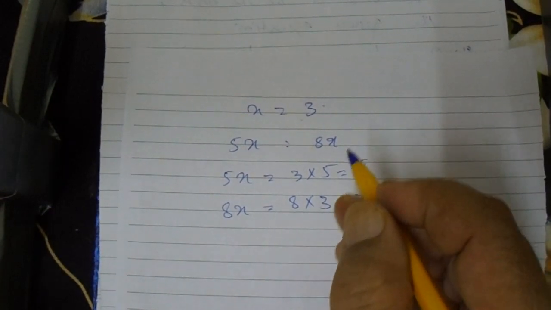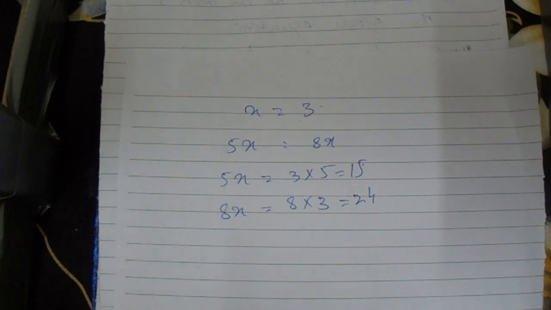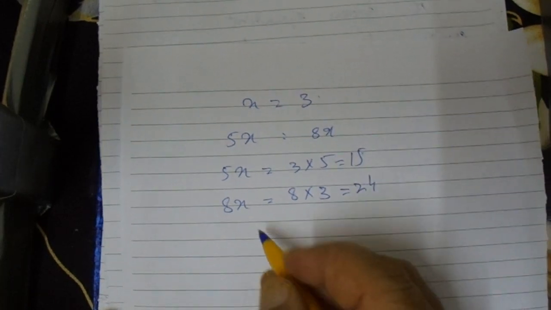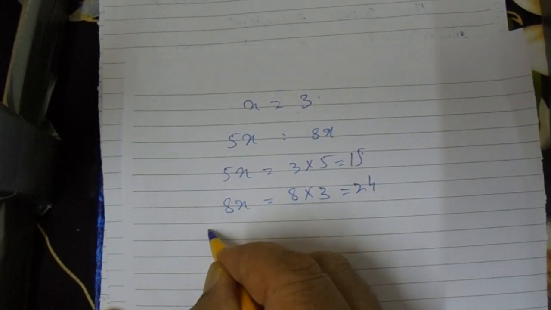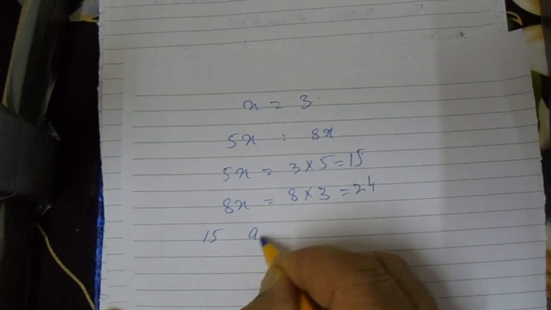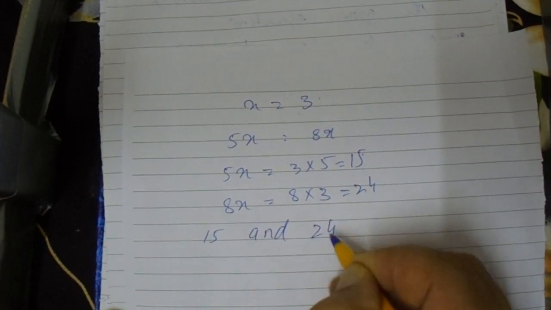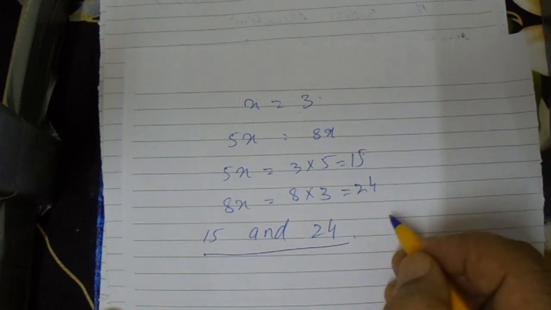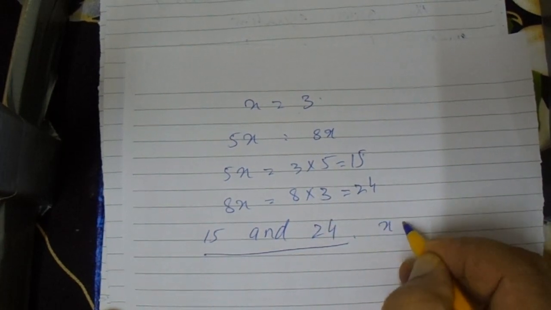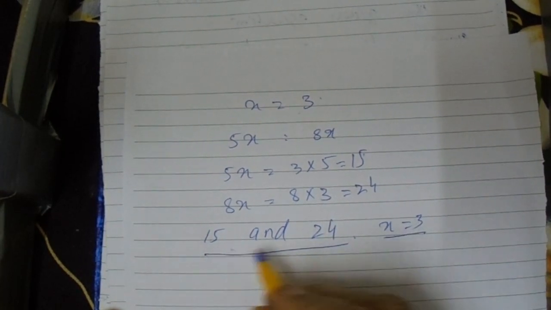Now the numbers are 15 and 24. This is the final answer of this question. x is equal to 3. When x is equal to 3, the numbers are 15 and 24.